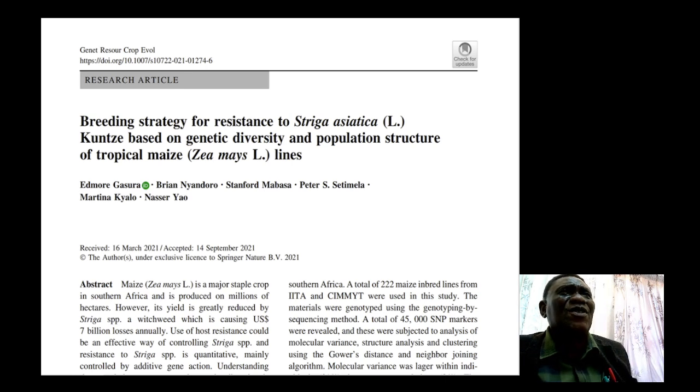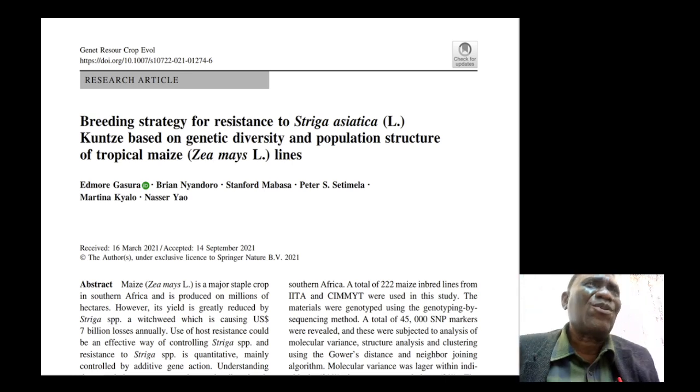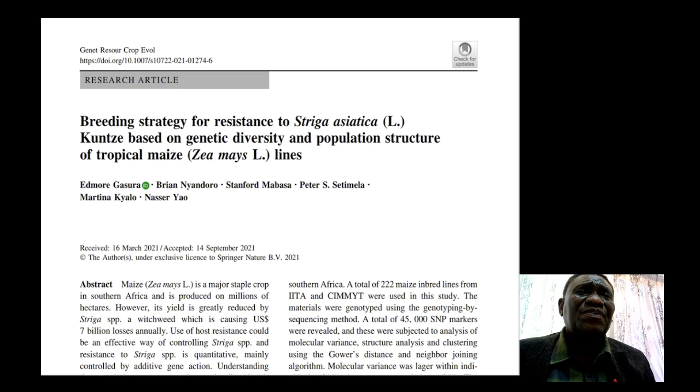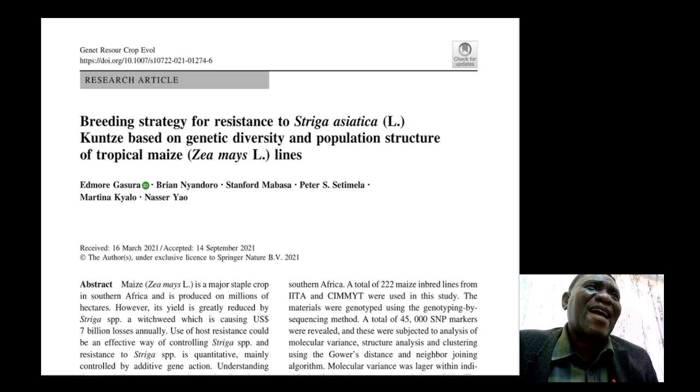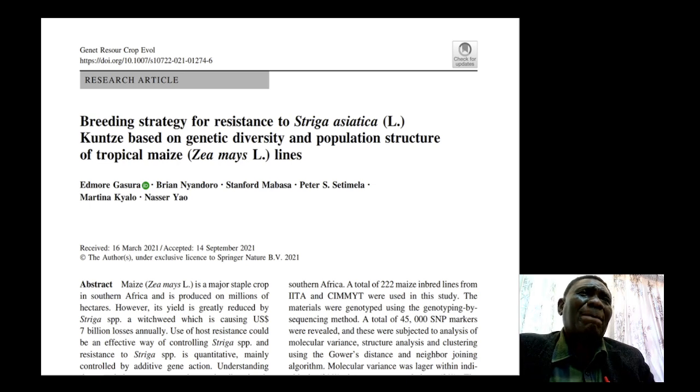Again, more papers on breeding for Striga resistance. So here at the University of Zimbabwe, some work was actually done in the maize, so that we now have some varieties of maize which may be sold under VN Seeds.